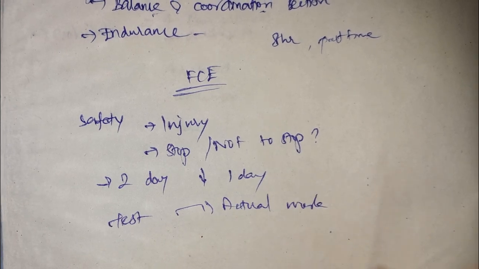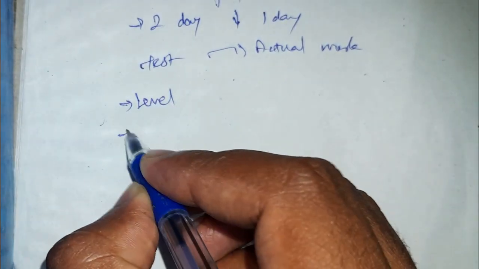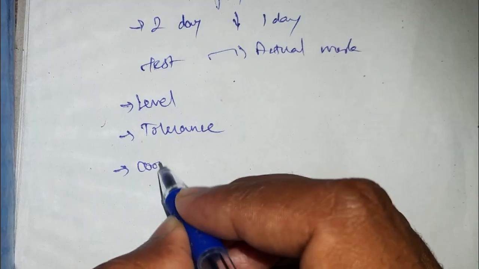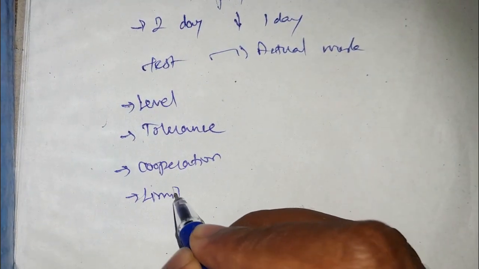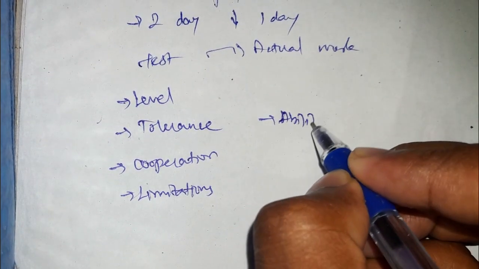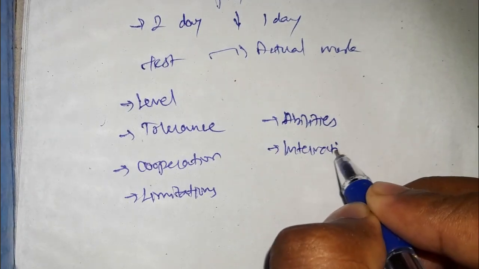By this we can give the result: the overall level of work, tolerance for 8 hours of daily work, the level of cooperation while testing, any limitation to the client, whether the abilities match the job demand, and what interventions need consideration.